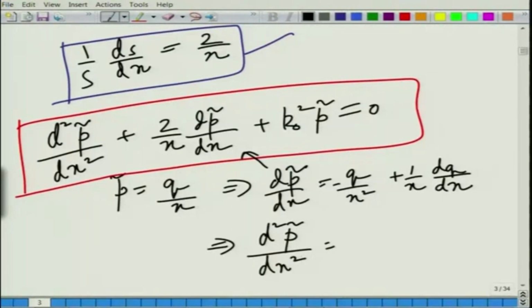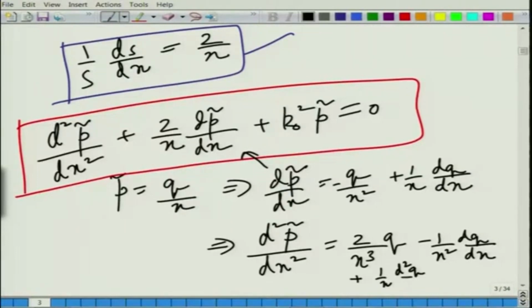Let us do a term by term differentiation. Once we do that, it is 2 by x cube times q, plus we have contributions due to the other terms. Because of the lack of space I am just directly writing it: 1 by x d2q by dx2 and minus 1 by x square times dq by dx.